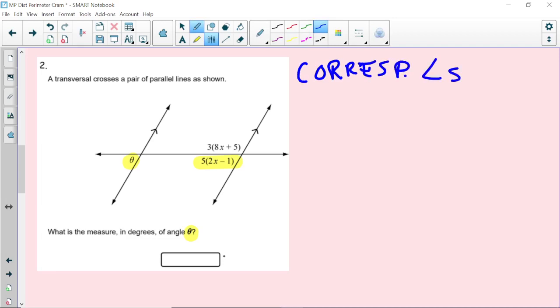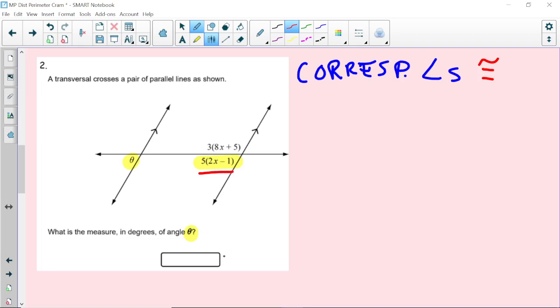Since we know that the lines are parallel, our theorem says that when we have two parallel lines being cut by a transversal, like we have in our diagram, then corresponding angles are going to be congruent to one another. So this 5 parentheses 2x minus 1 is going to be congruent to theta. So I would know what theta is then.